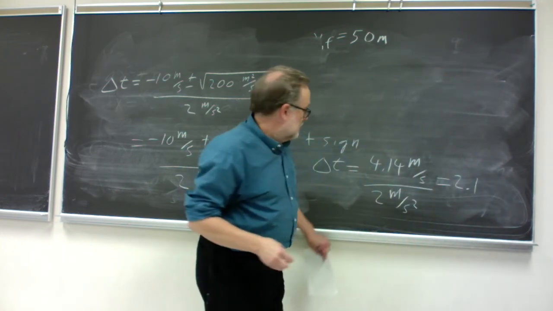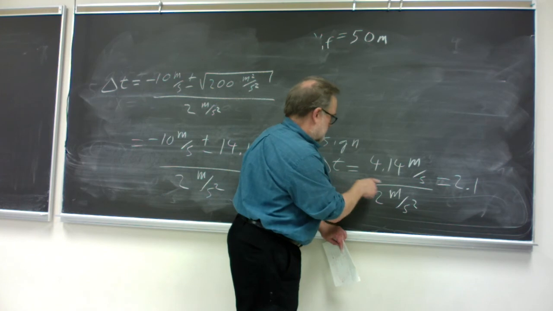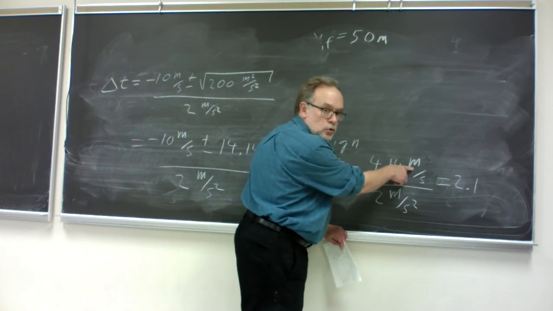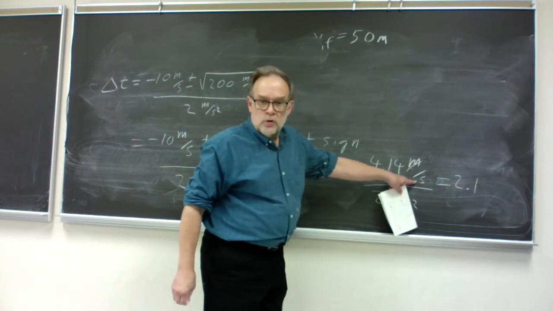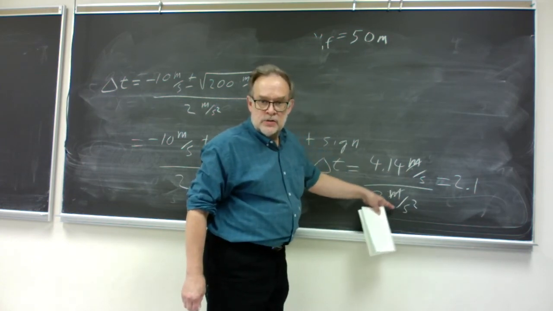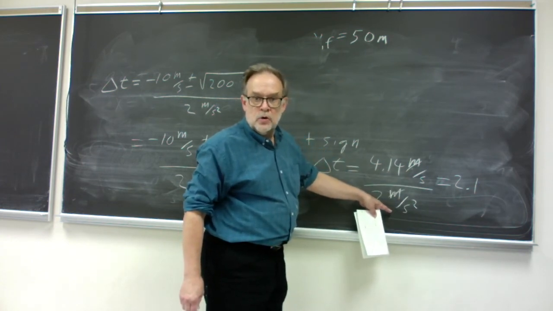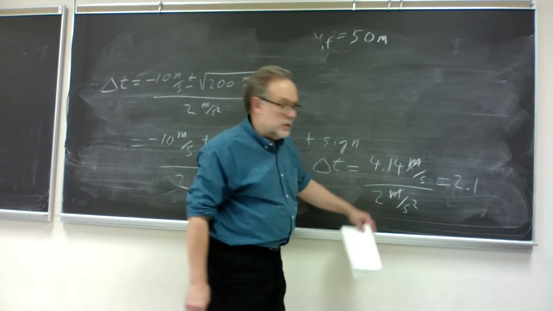2.1 what? Well, the meters in the numerator are canceled by meters in the denominator, and the 1 over seconds here is canceled by one of the 1 over seconds factors down here.